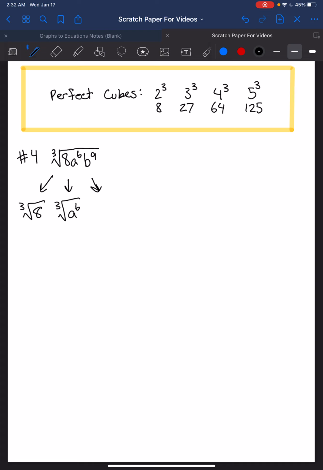Cube root of a to the 6th. Cube root of b to the 9th. This problem will work out very nicely. Cube root of 8. Notice that I now have my perfect cubes listed above instead of my perfect squares. Again, we did these in yesterday's notes. 8 is a perfect cube.